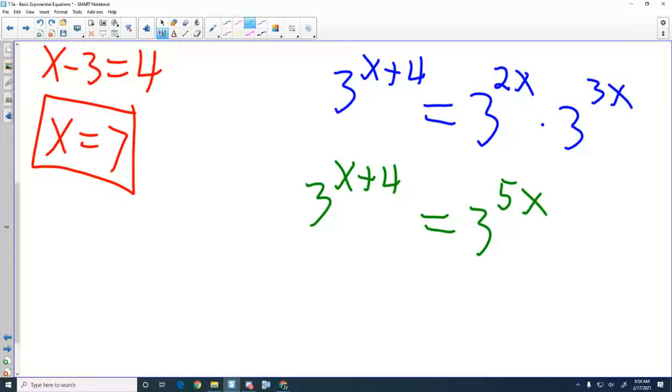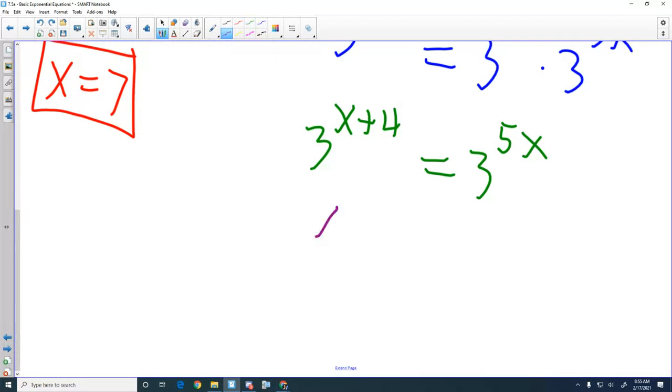And we finally rearranged this problem, rewritten it, so that now we have the same base on each side written just one time. Now we finally got back to that point where I can just ignore the bases and set those exponents equal to one another.